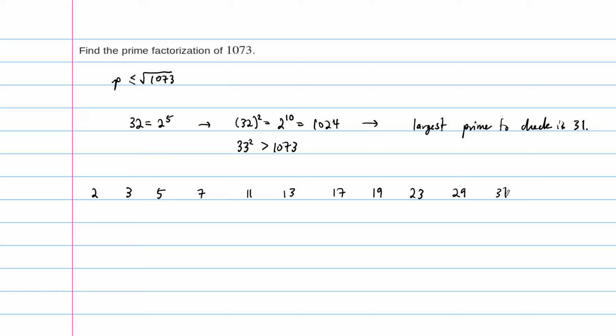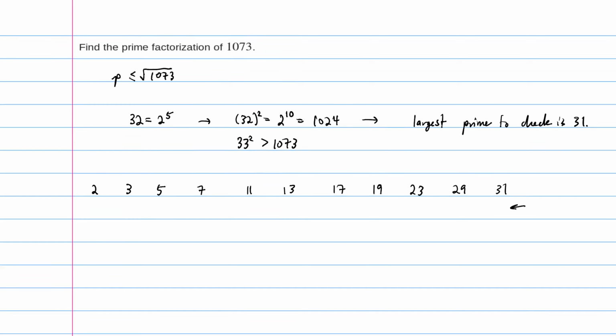Okay, and so these are all the primes that need to be checked. We could either start from left and work our way to the right, or we can start from the right and work our way to the left. These ones on the left-hand side are easier, since 2 through 11 all have tricks that we can check them with. But honestly, I think we're better off to start from the right and work our way back.